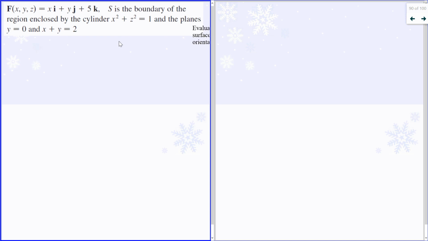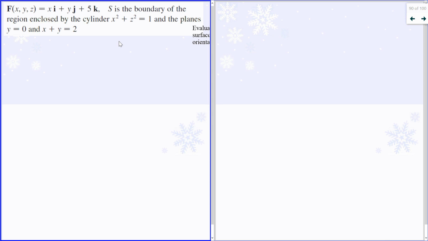Any ideas? 3. Yes, it is 3. So you have a cylinder, which is our traditional cylinder. You have y equals 0, just a flat plane on the bottom, and then you have the plane x plus y equals 2, which is a slanted plane on the top.